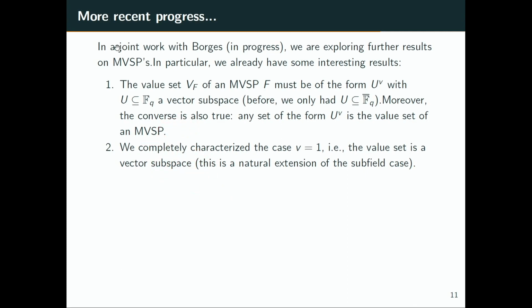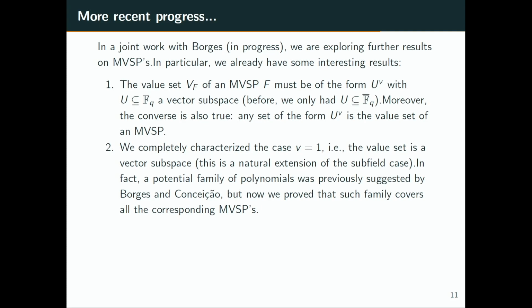Well, the second result is actually just an extension. In 2013, they just considered the case where the value set is a subfield. Now we have a more general thing: basically, any vector subspace, of course, since subfields are particular cases of vector subspaces.